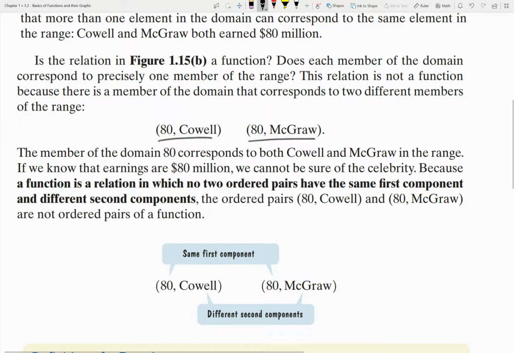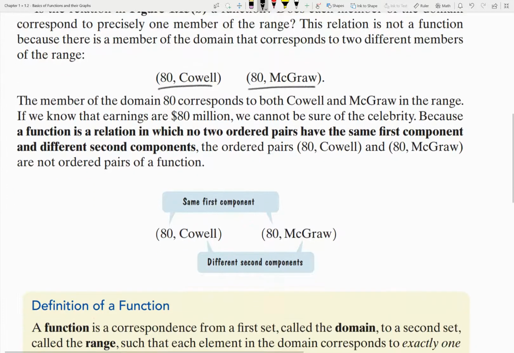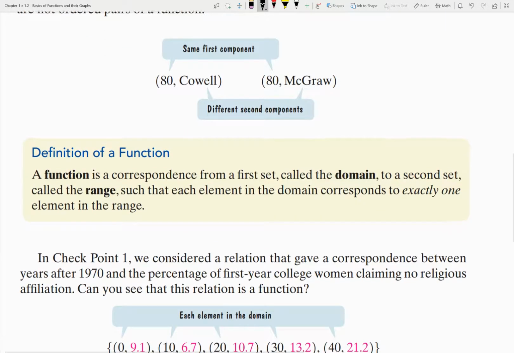So same first component, different second component. It is not a function. So here's our formal definition for function: a correspondence from a first set called the domain to a second set called the range, such that each element in the domain corresponds to exactly one element in the range.